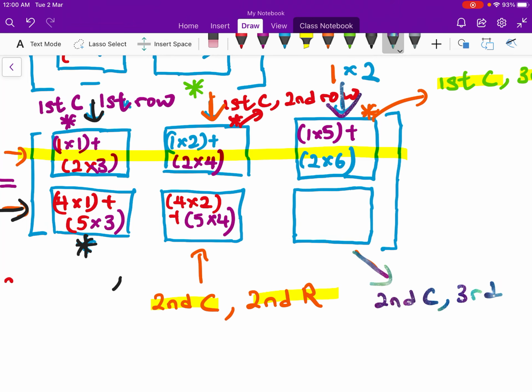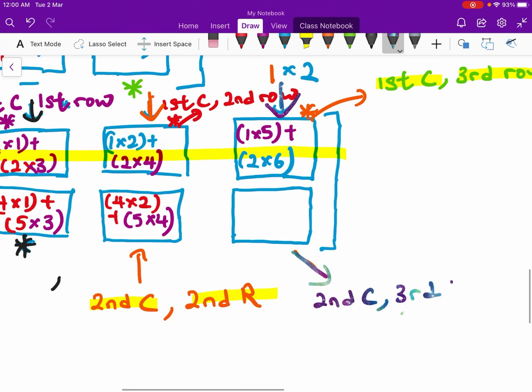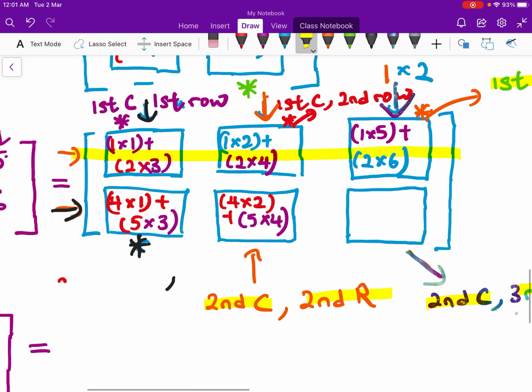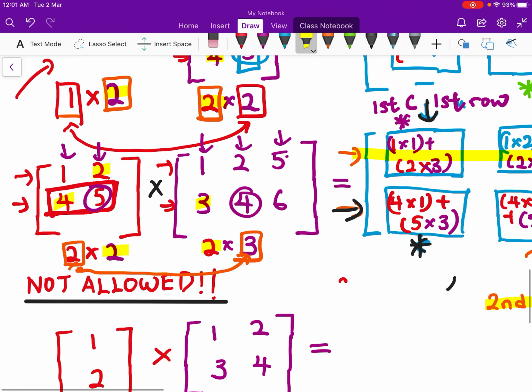Alright, third row. So we know that the red matrix is the second column, and the purple matrix is the third row, which is 5 and 6.